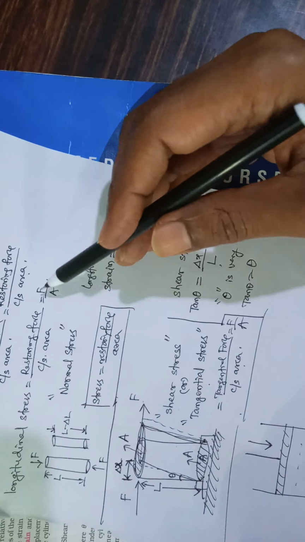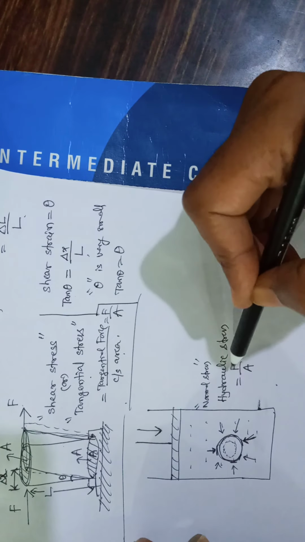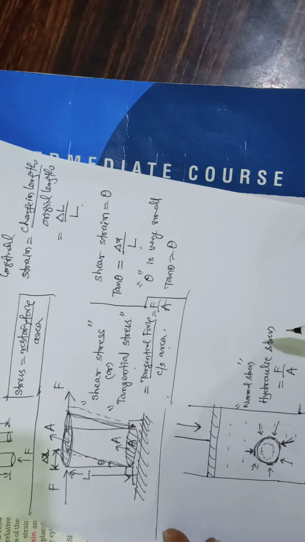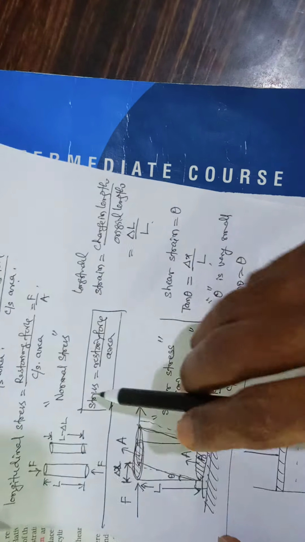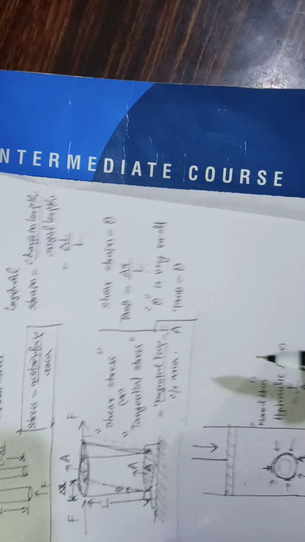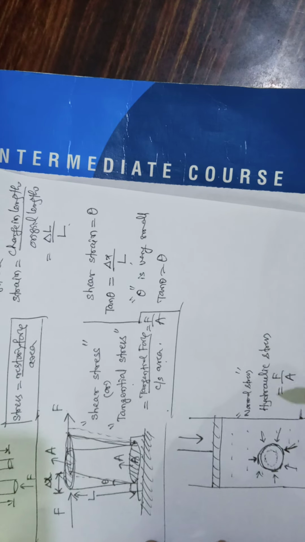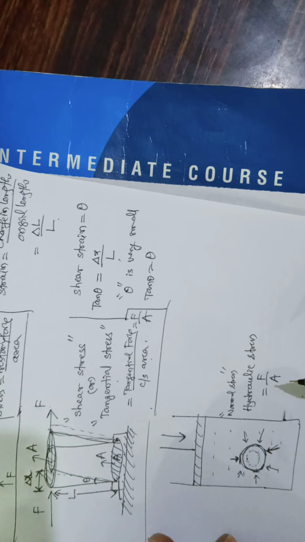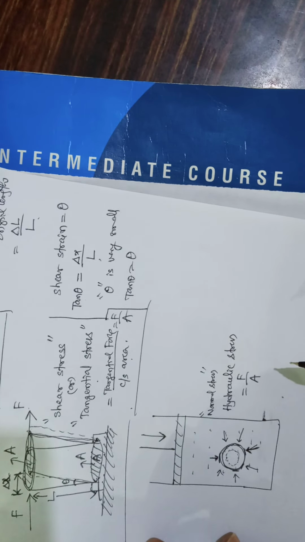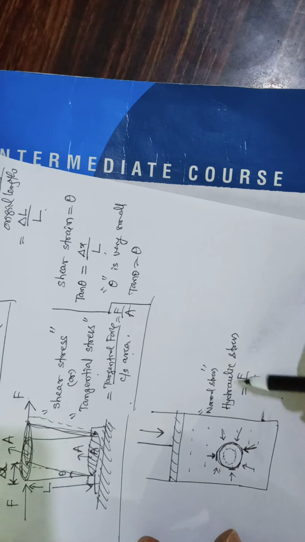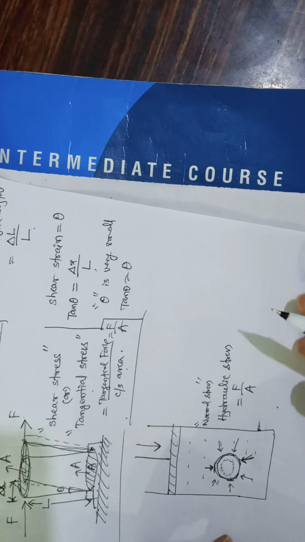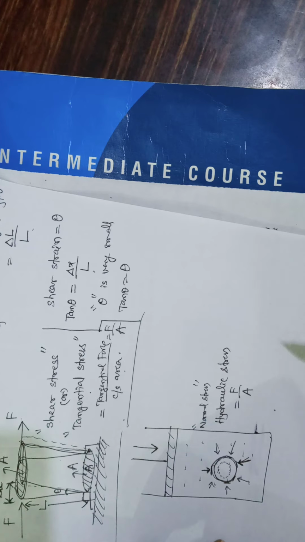The formula is the same, force by area. So you can give a common definition to stress. It is nothing but restoring force per unit area, a deforming force per unit area, that is called stress. Force per unit area, that's all. Force by area gives stress.